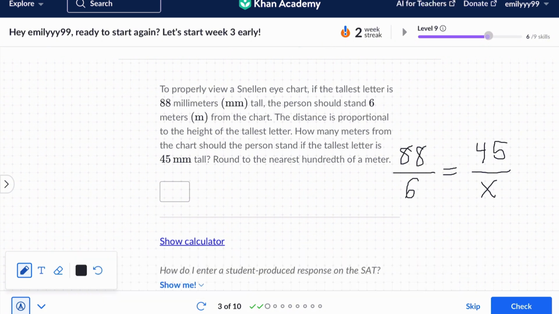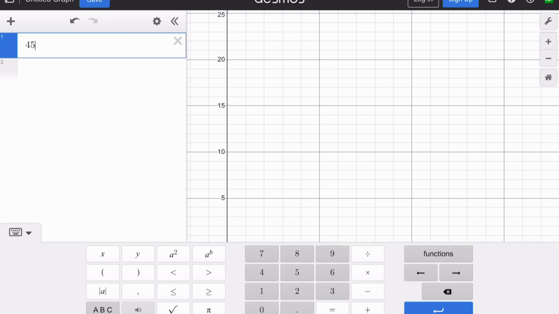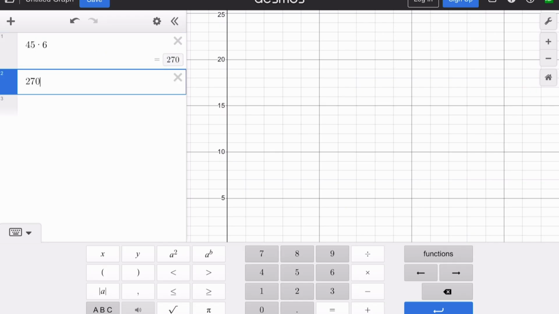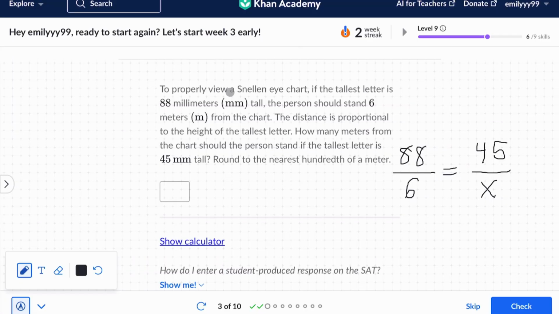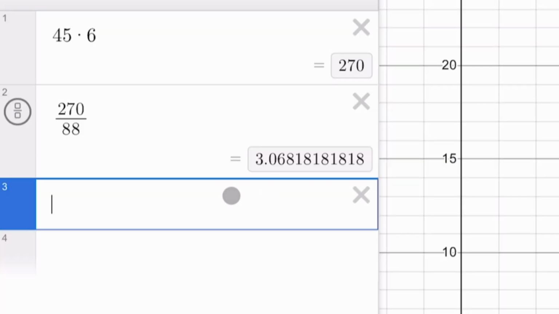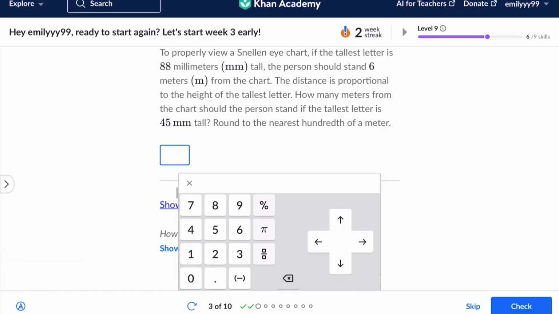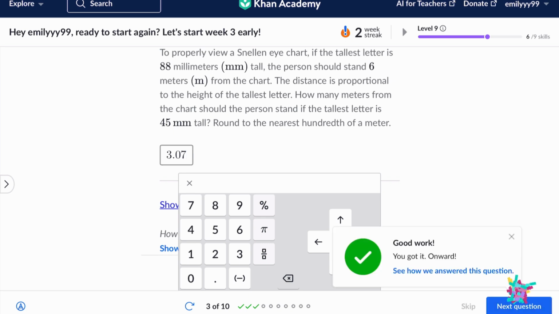So we multiply these two and then divide by 88. 45 times 6 is 270, divided by 88. It should be around 3, and it says round to the nearest hundredth of a meter. So it should be 3.07. Nearest hundredth, and 6/8 rounds to 7. 3.07.